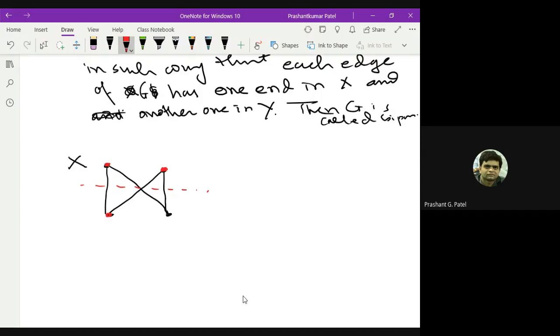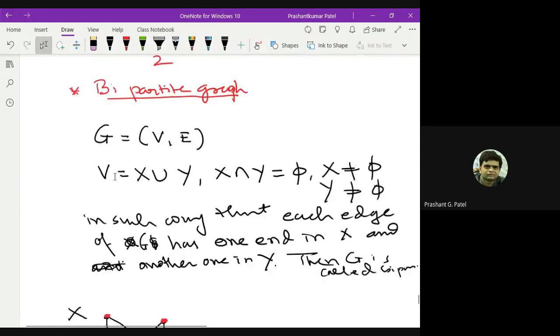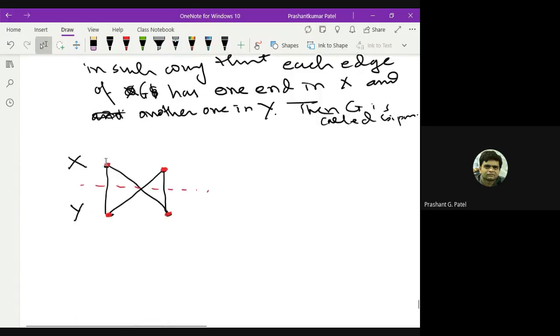Another set of vertices are these two. This is my set Y. So what does the definition say? A vertex set is divided into two parts, X and Y. So the union will be V. So in this graph, the vertex set is divided into two portions, X and Y.